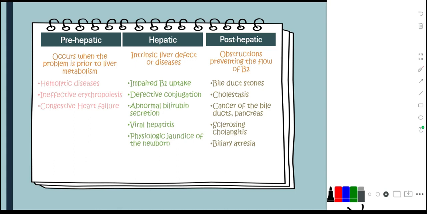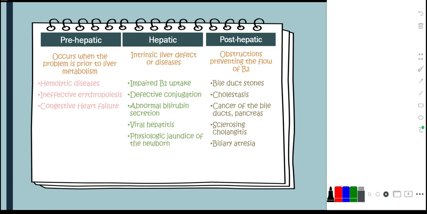So these abnormal RBCs will be sequestered by the spleen, and sequestration will increase hemoglobin breakdown and eventually increase B1 level. Also, in the case of congestive heart failure, which lessens the amount of blood supply towards the liver. So if the amount of blood is lessened, syempre, jutay man ang amounts ng blood nga ma-process ang aton nga liver. So that's your prehepatic jaundice.